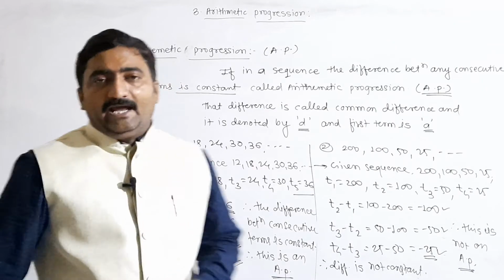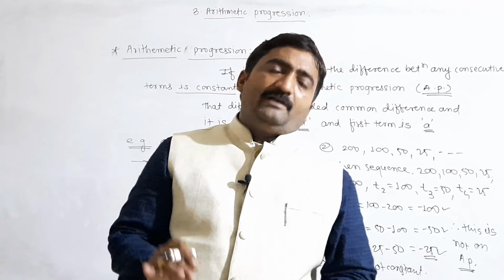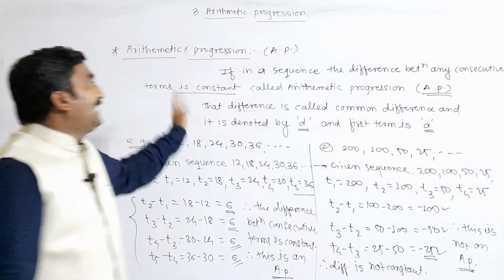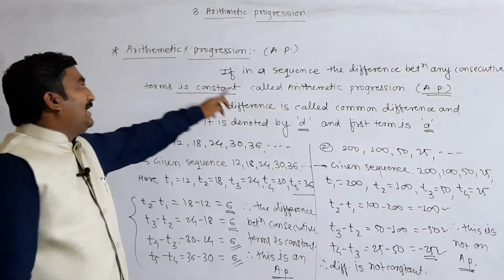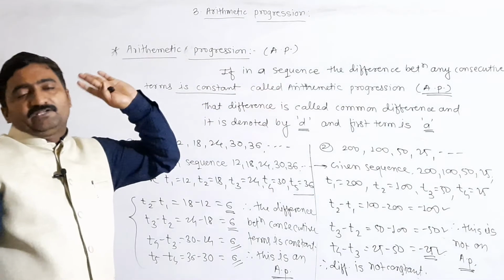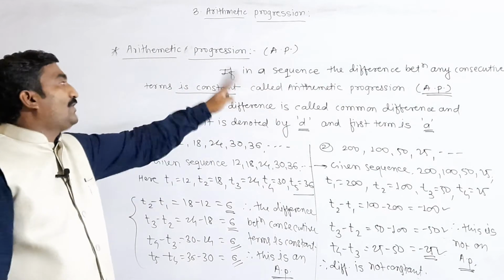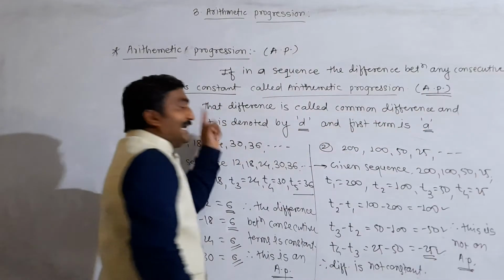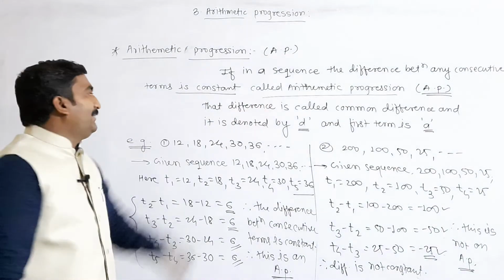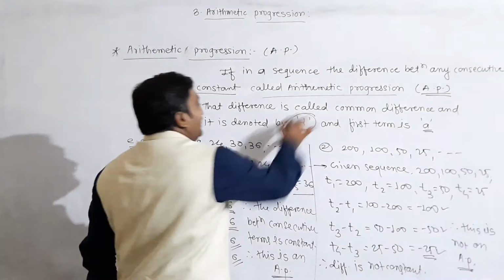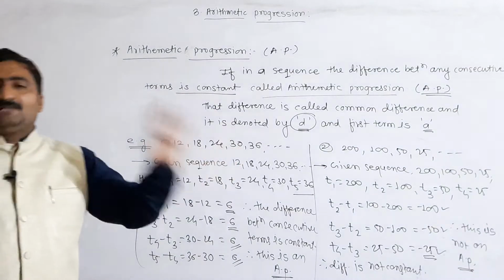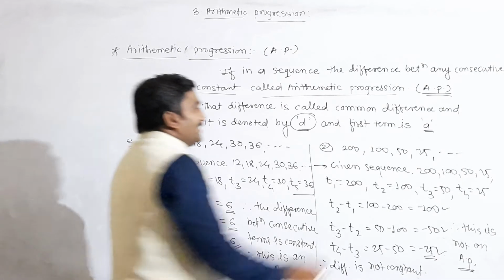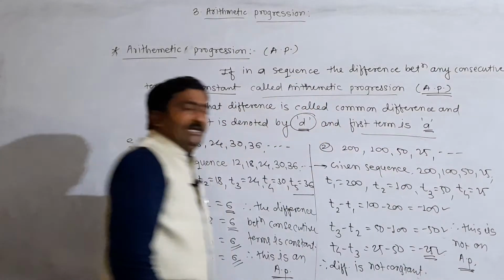If in a sequence the difference between any consecutive terms is constant, then that sequence is called arithmetic progression, in short AP. That difference is called the common difference and it is denoted by d. And the first term is a.